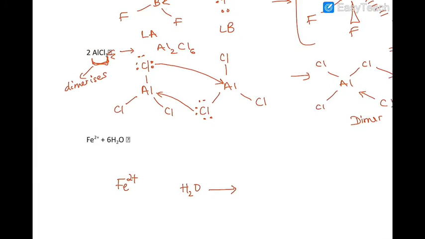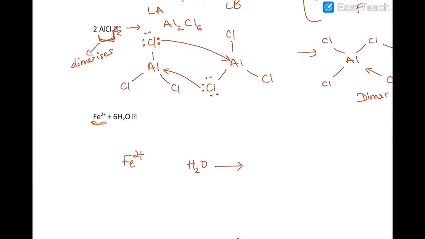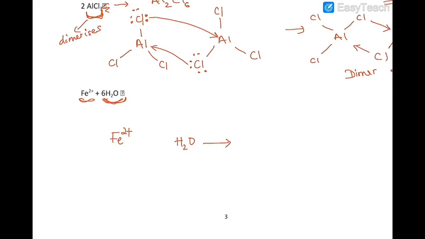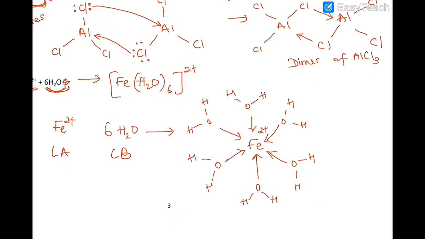So Al2Cl6. Now iron here. This is the H2O ligand, and it's going to combine with the transition metal ion. So you have 6 water that combines with this, giving Fe(H2O)6. Here a complex ion is formed, and the Fe2 plus is going to act as a Lewis acid and the H2O acts as a Lewis base.